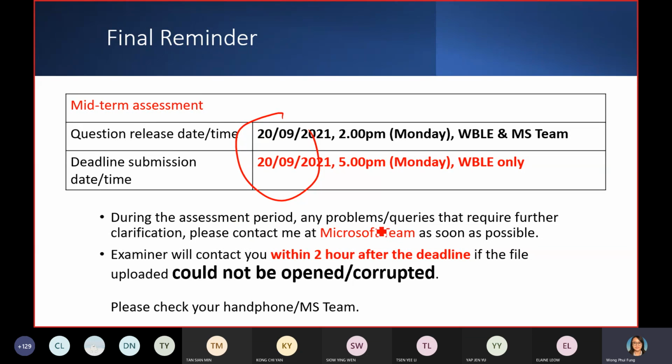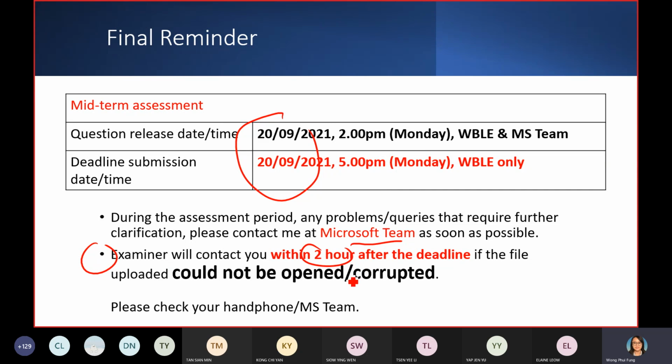During the assessment period, if you have any question, contact me on Microsoft Teams as soon as possible. And remember, after the FA, after 5 p.m., I will check your files. I will open them one by one to see whether they are corrupted or not, whether they can open or not, whether you submitted the wrong file or not.